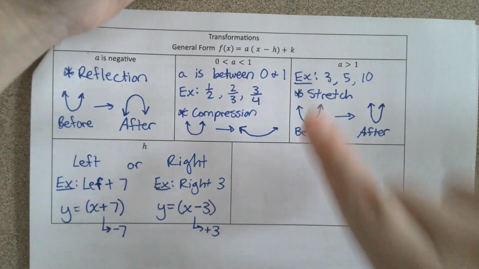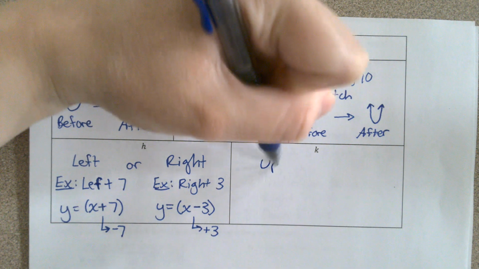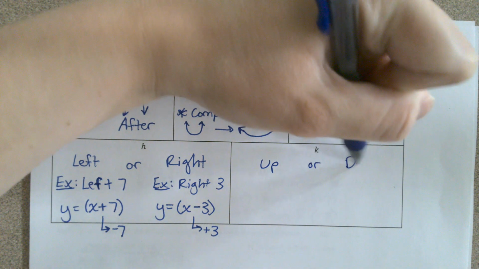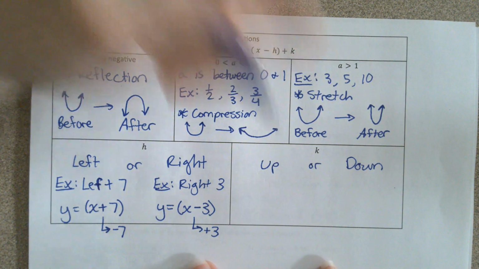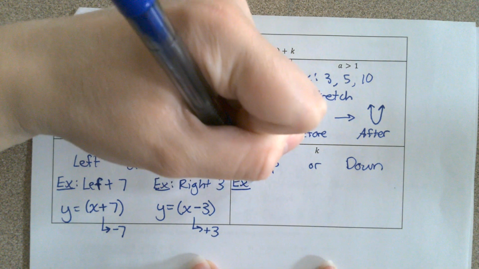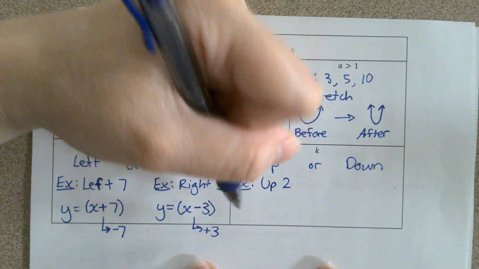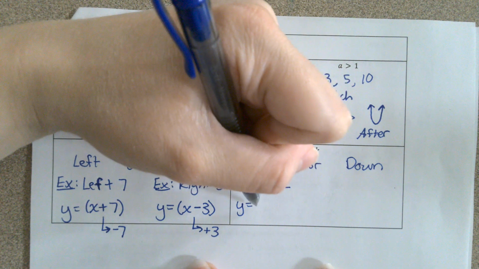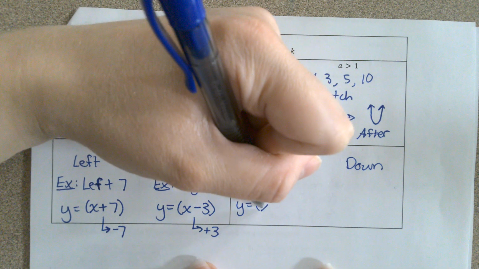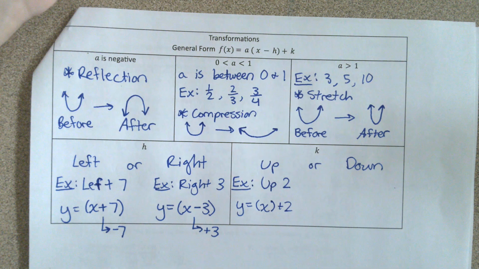All right, K. K is the last letter. It's on the end if it's there. And this means up or down. And this one's much easier because you read it exactly as it says. So for example, if we had up 2, then this would look like y equals x squared plus 2.